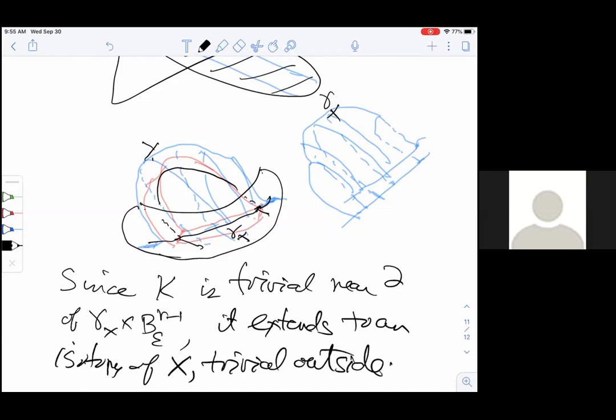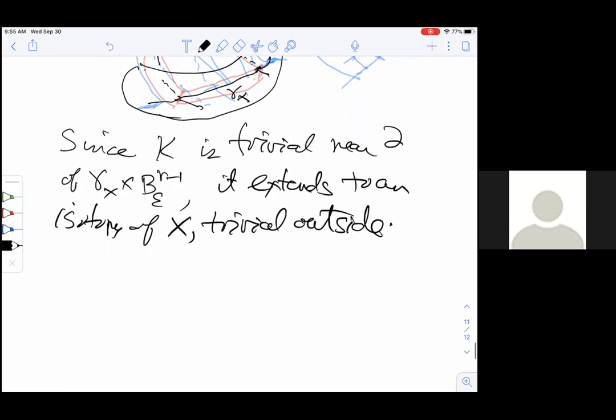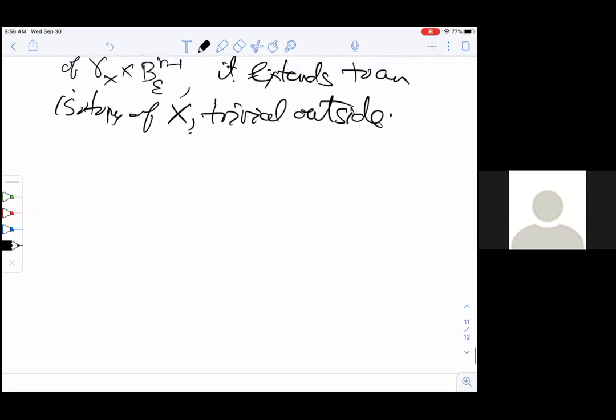Okay, so we have an isotopy of all of x, which is concentrated in this neighborhood, gamma x cross the ball, trivial on the boundary, so you extend by trivial outside, and you have removed 2 points of intersection without adding any other points. Okay, so that is the Whitney trick.